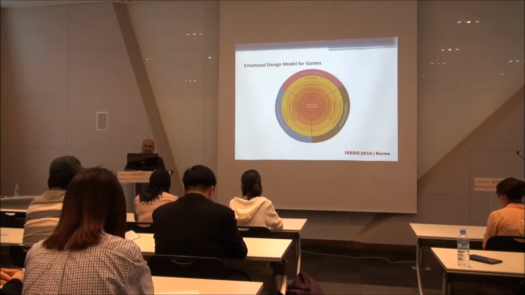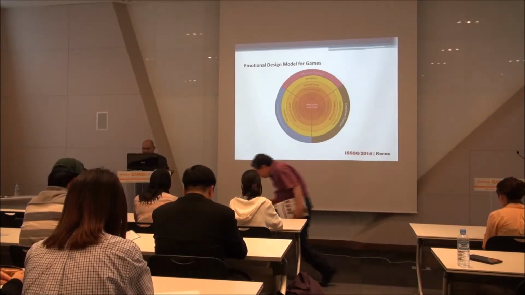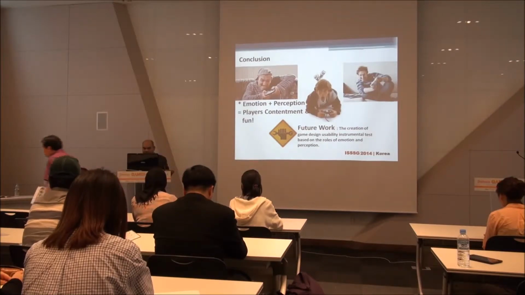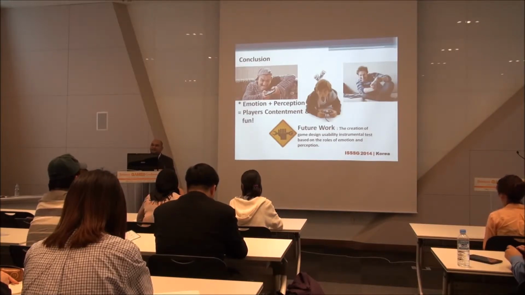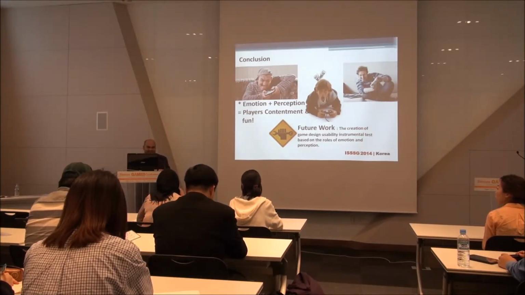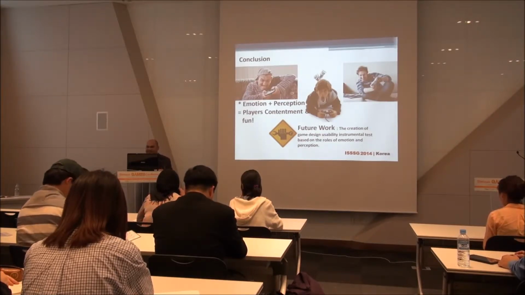So I cover only two domains. Here I can say that emotions and perceptions will give players contentment, and they will have fun if we consider these two elements very important in the game design process.